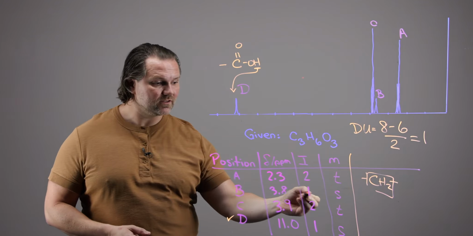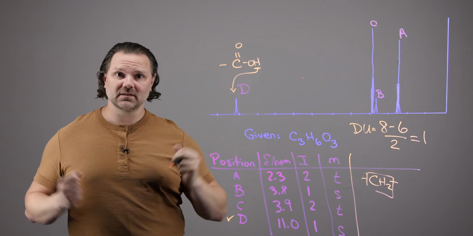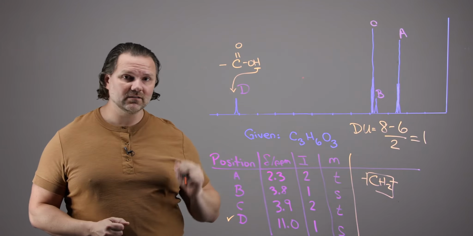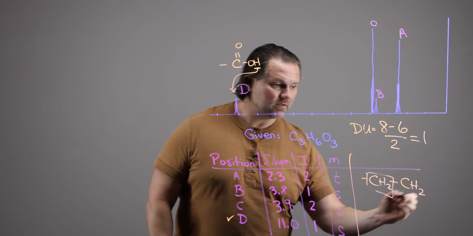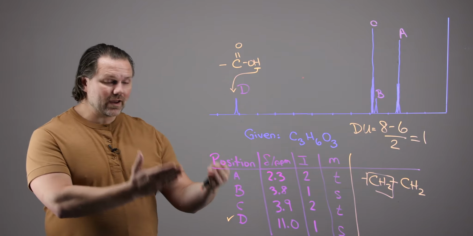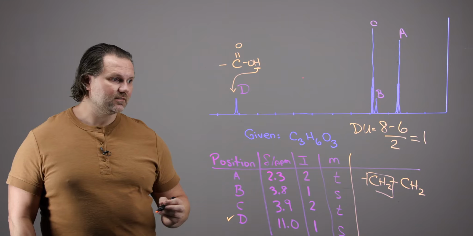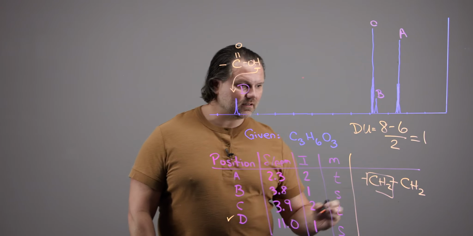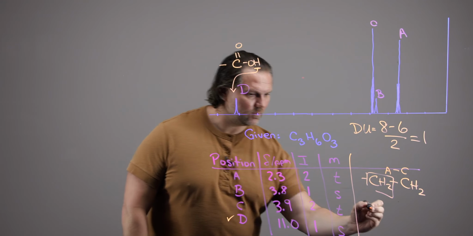There's only 1 other CH present, so it can't be 2 separate CHs. That tells us that signal A must be next to another CH2 group. Where is that other CH2 group? It's signal C. So A and C are joined to each other.